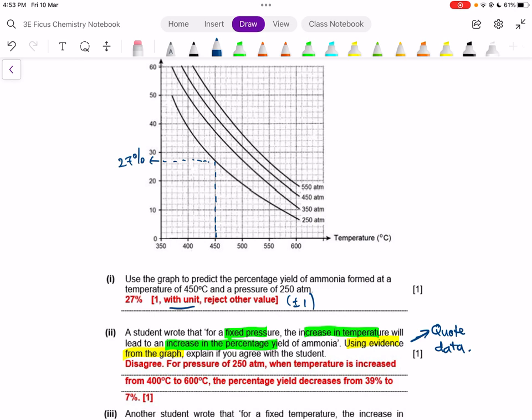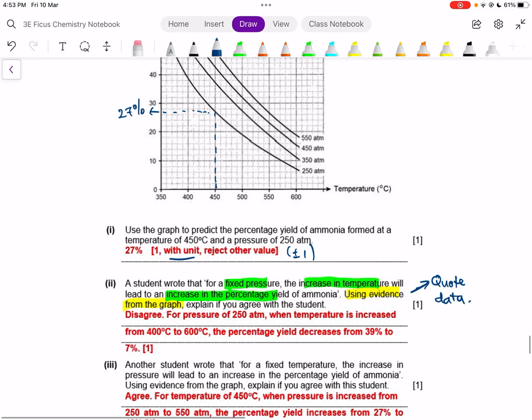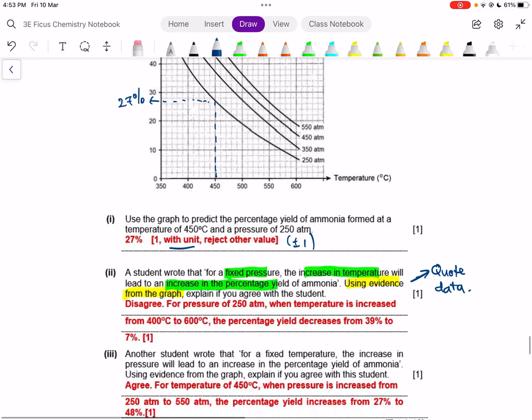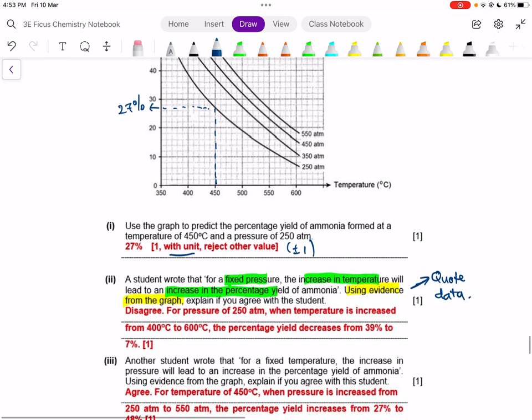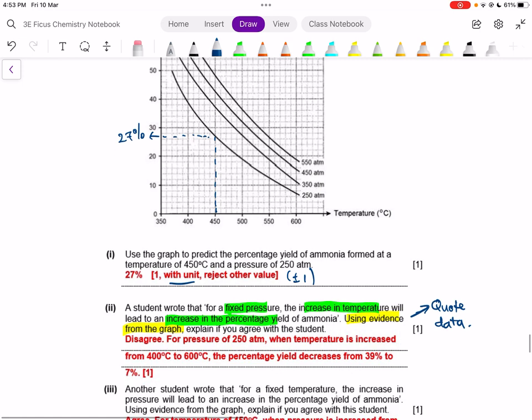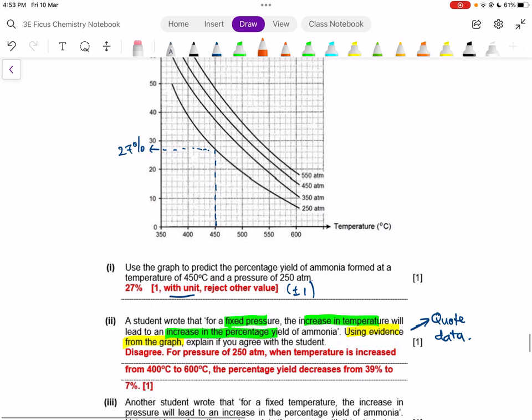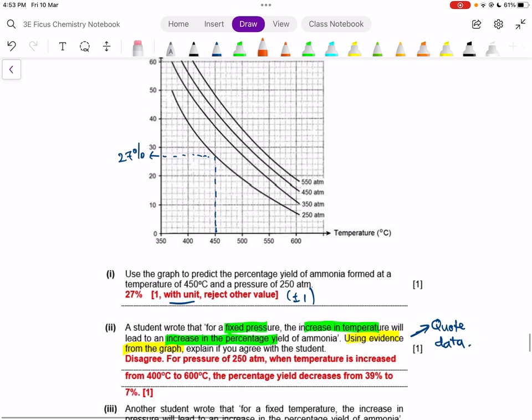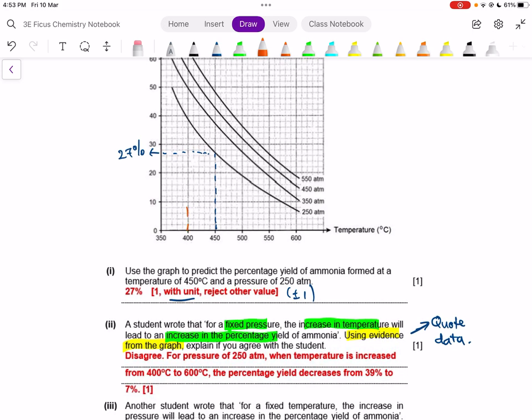At least about half the class didn't. You must quote data, use evidence. Look out for this kind of question descriptor. You must really read your question carefully. So I select the 250 atm one, from 400, around 39 or 38 roughly, to 600, which is 7%.